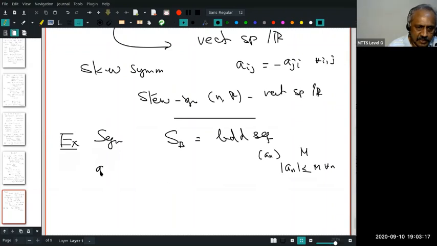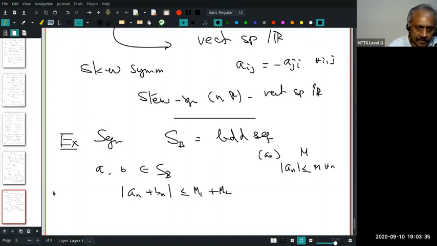So if I take a sequence A and a sequence B, which are bounded sequences, for A that means mod An is less than or equal to M1. For B, mod Bn is less than or equal to M2. Then mod An plus Bn will be less than or equal to M1 plus M2 for all n. Right? Therefore, this sequence is also bounded. That means it's in SB.